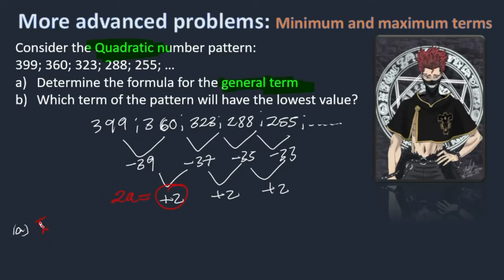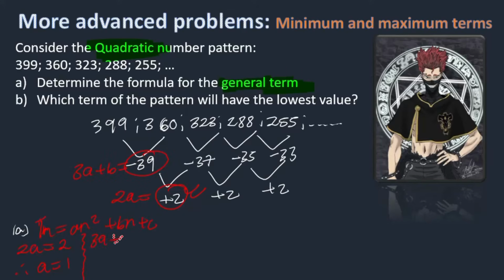So the general equation says Tn is equal to an squared plus bn plus c. So my 2a in this situation is equal to positive 2. Therefore, my a is equal to positive 1. Fingers crossed, no mistakes this time. So for me to find b, I must say 3a plus b is equal to this number here, right?